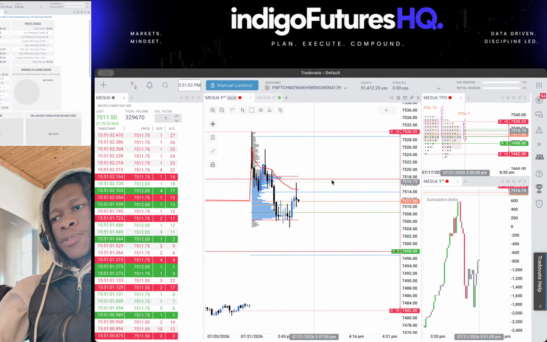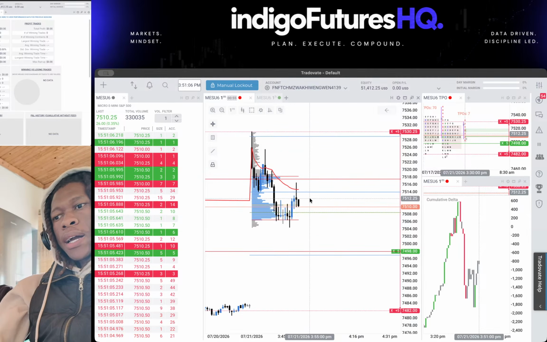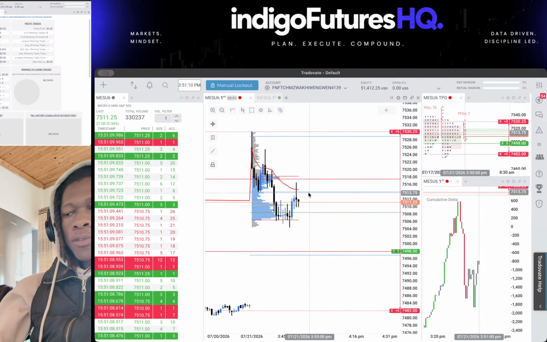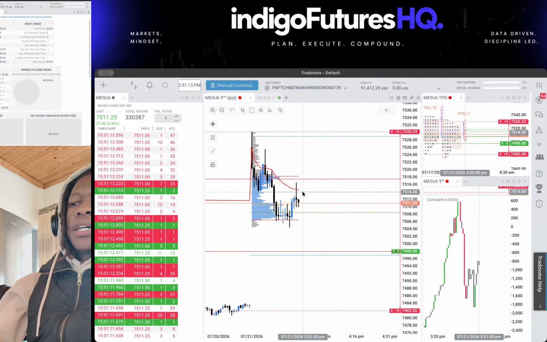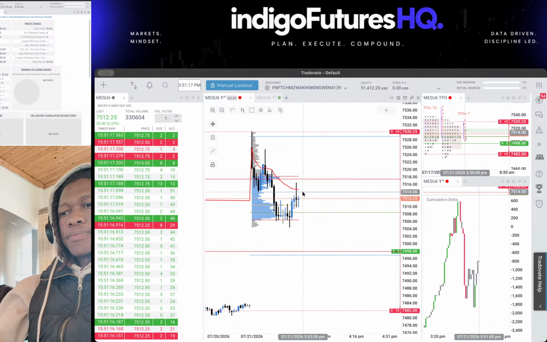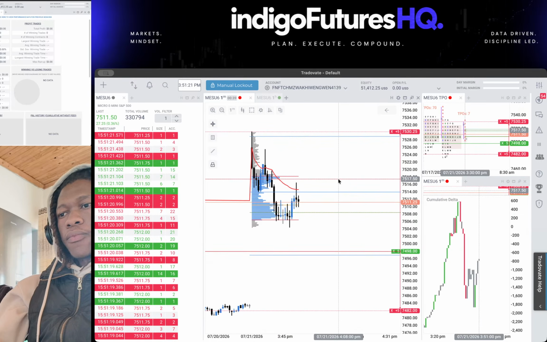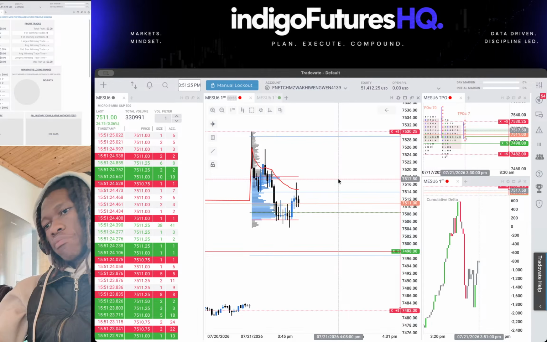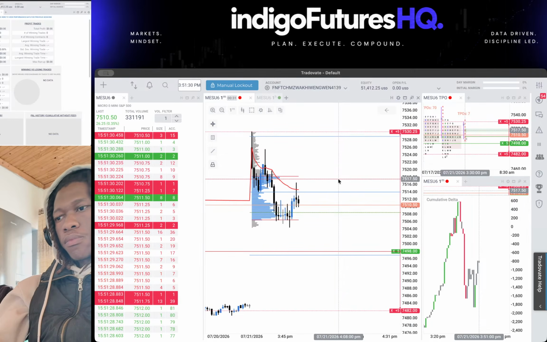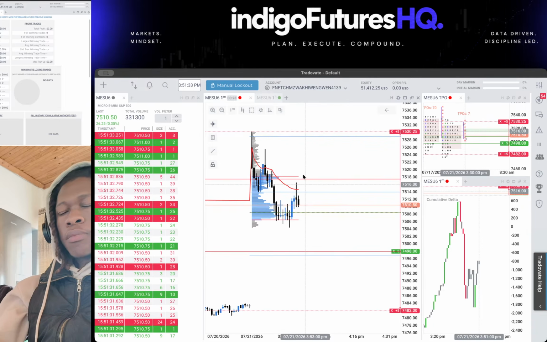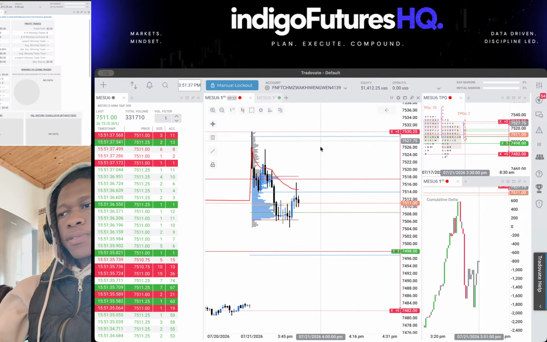Pretty stacked levels here. I mean, we have value area low and value area low of the composite volume profile, and we have the overnight point of control, and we have the VWAP. So pretty stacked. If this does fail to come lower, then maybe a break of previous day point of control and then a retest of it for the upside, then maybe we could try that.